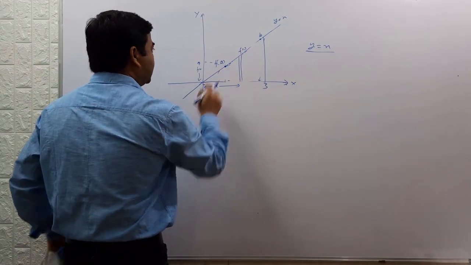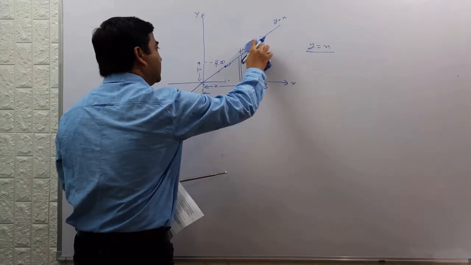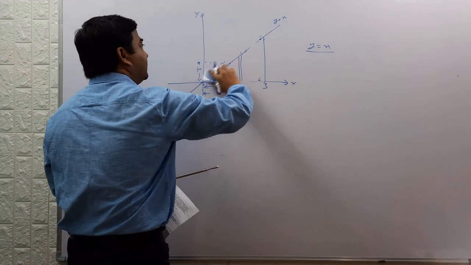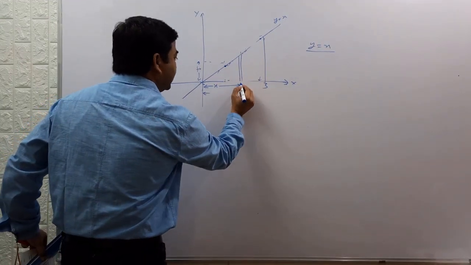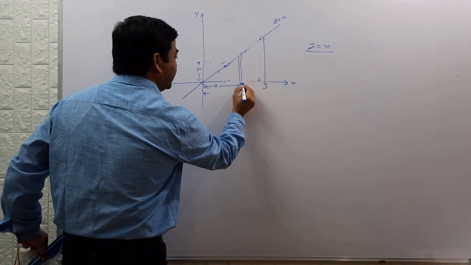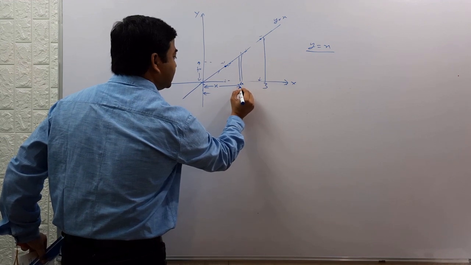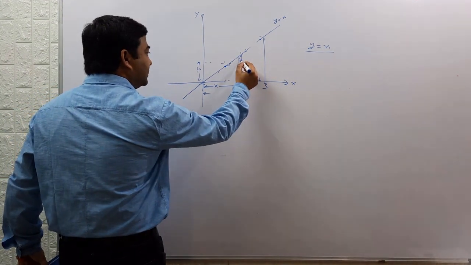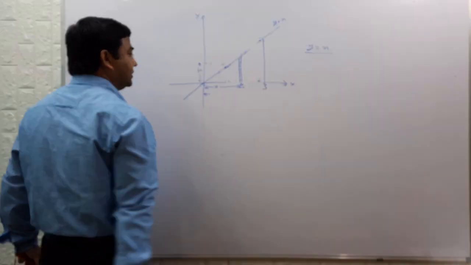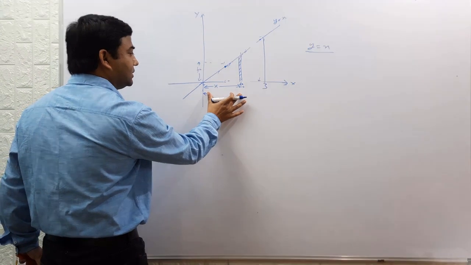At a distance x, see, this is y equal to x, a function. At a distance x, we made a small width dx, and this is the thin rectangle.